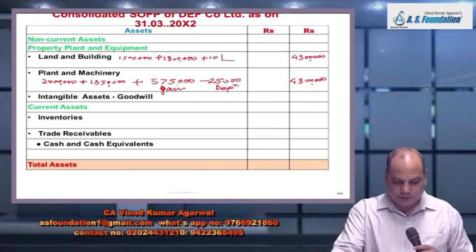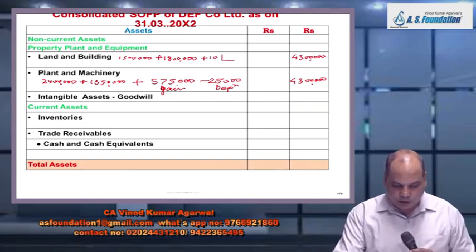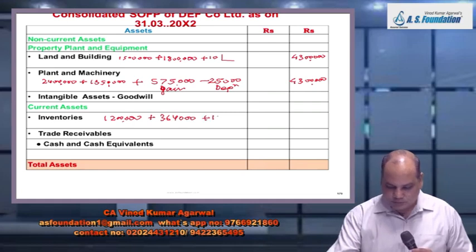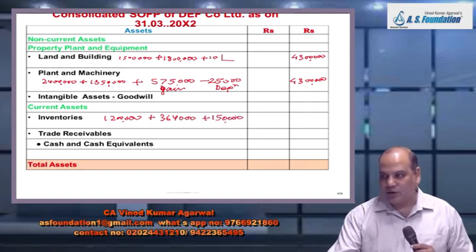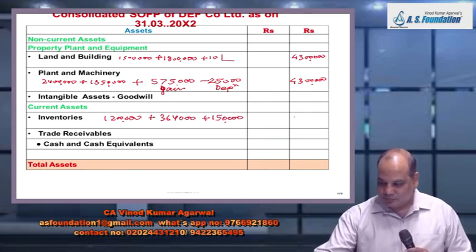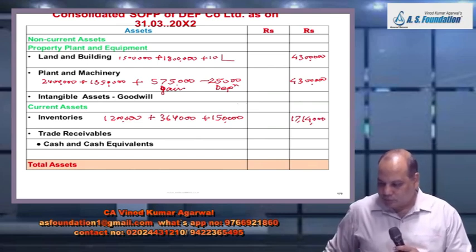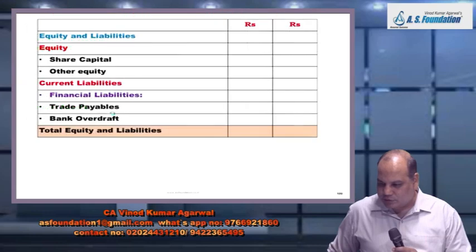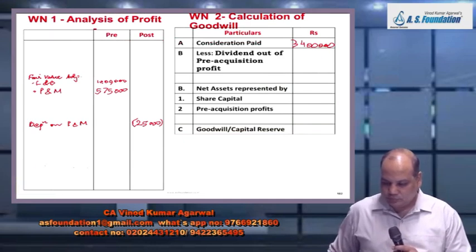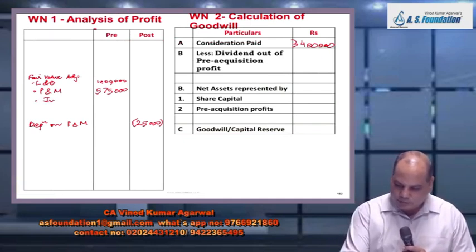So take on your calculator 12 lakh plus 3,64,000 plus increase 1,50,000. How much? 17 lakh 14,000. And what about the second effect of this increase in inventory value? In the fair value adjustment, right? Inventory.